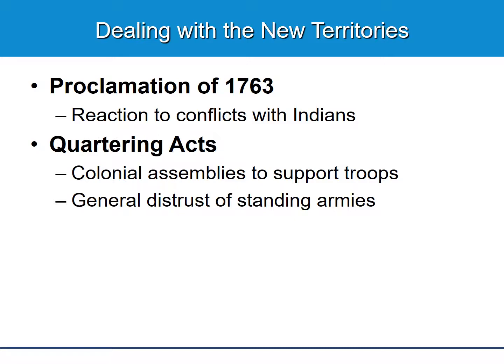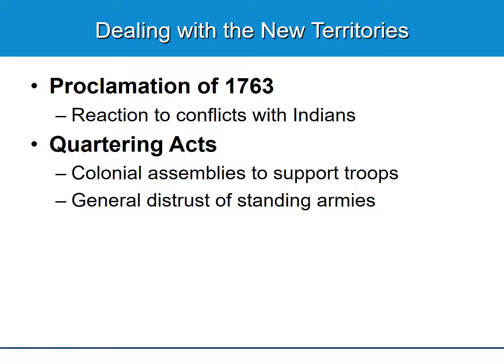And so one of the ways they decided to do this was by drawing a line that they said the American colonies could not settle beyond. This is known as the Proclamation of 1763. The line was drawn right around the Appalachian Mountains, and the American colonists were told that they could not settle west of that mountain range.